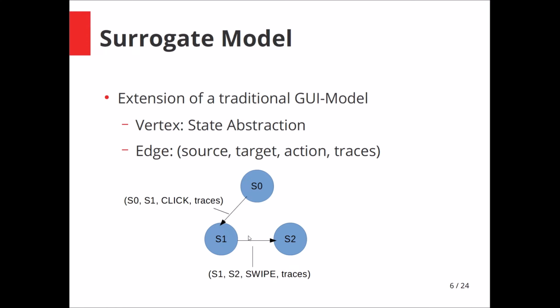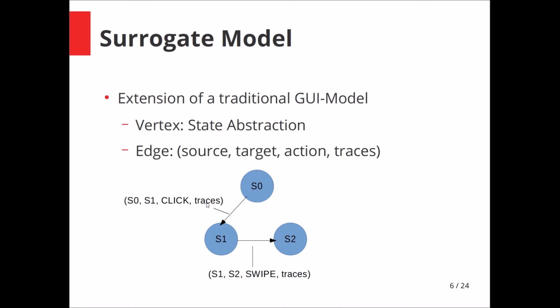Here we have a very simple example of such a model, consisting of three states, S0, S1, S2, and two edges connecting those states. We can move from S0 to S1 with a click action, and likewise we can move from S1 to S2 with a swipe action.